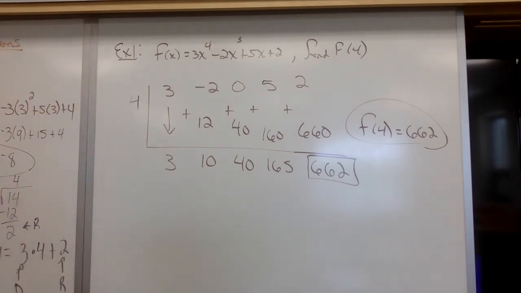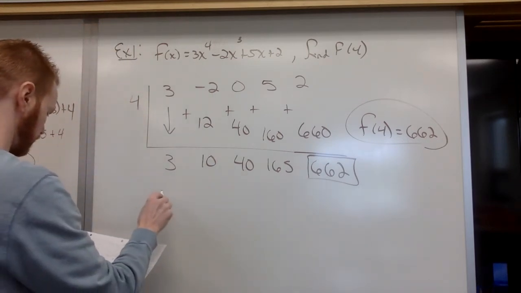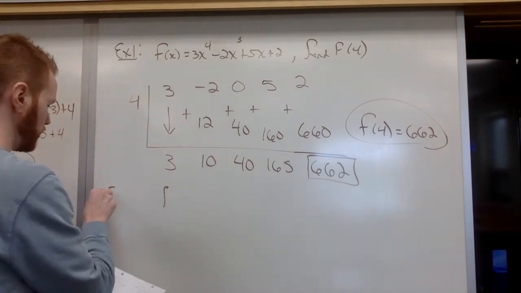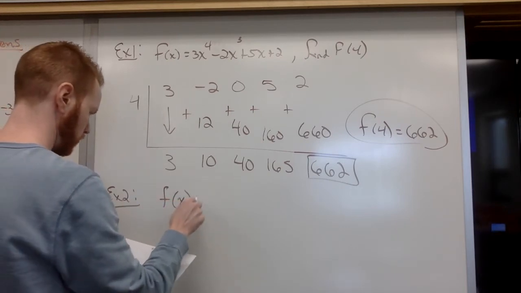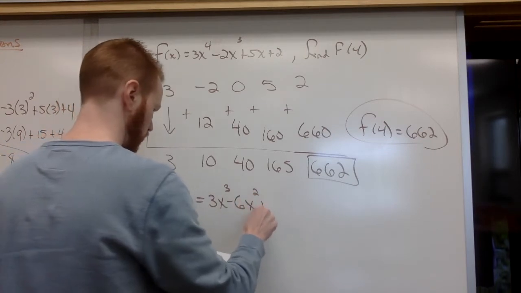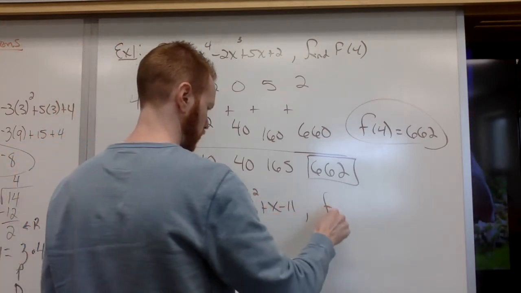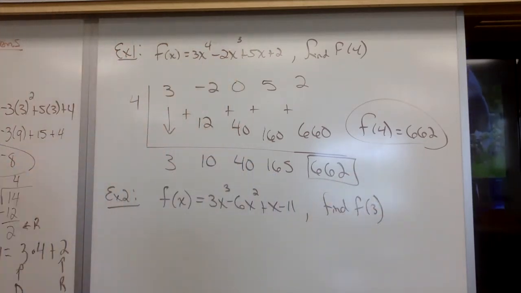Okay, let's do one more together. Let's try this one. So this will be example 2. Okay, so here's my next function, and I want to figure out what f of 3 is.